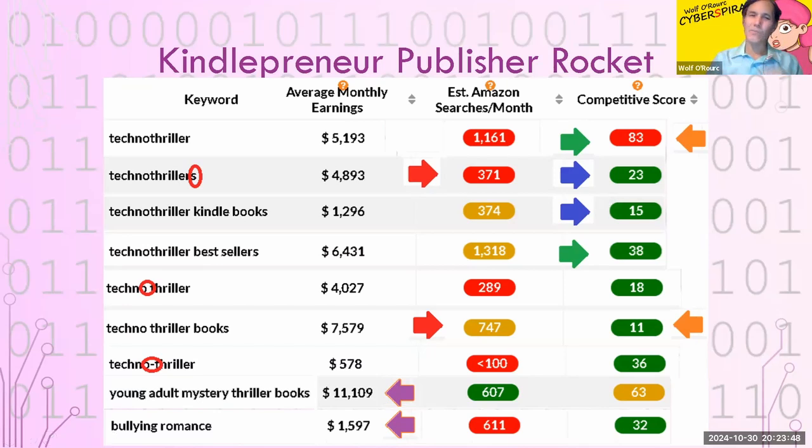So combine as many fitting terms together. And if you can combine them in a way that makes logical sense for a search, if somebody types in techno thriller Kindle book, that's a direct hit almost. And if they put the S in there, you have a complete direct match and you'll probably rank fairly highly.